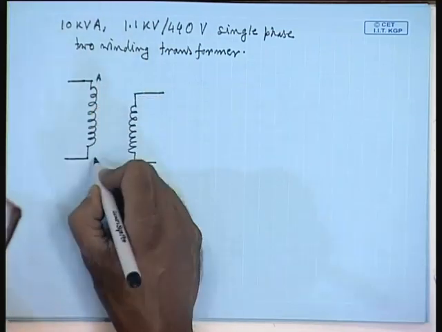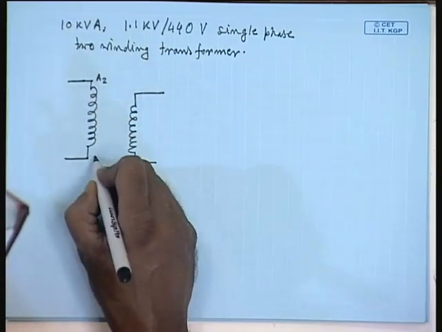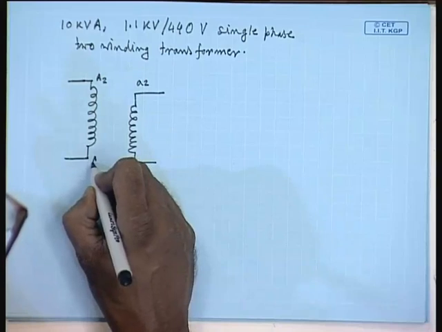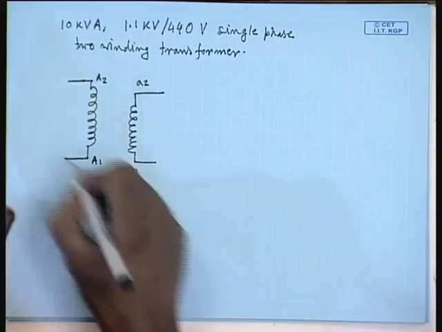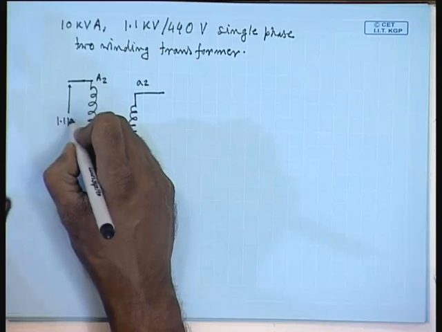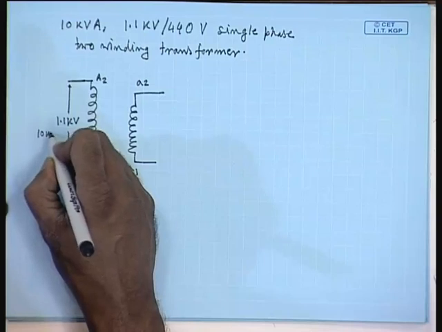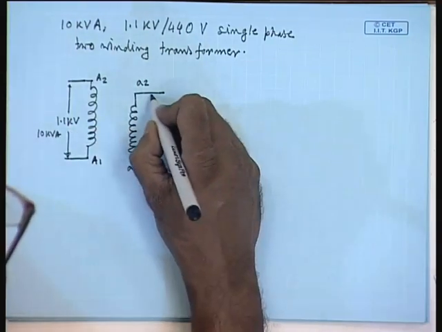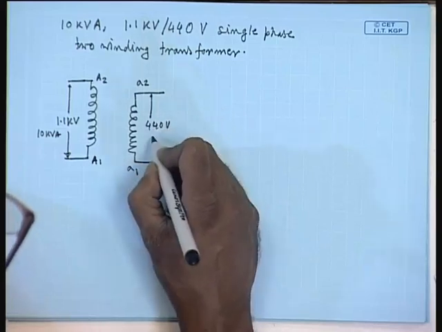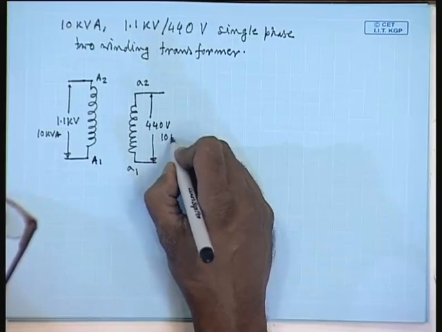This is A2 A1, this is A2 A1. This rated voltage is 1.1 kV, 10 kVA. Rated voltage here is 440 volt. Again the kVA rating is 10 kVA.